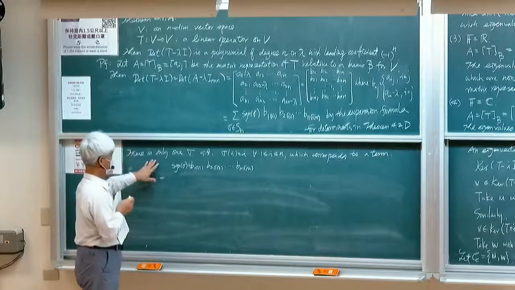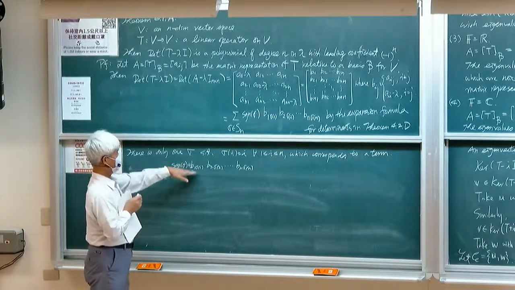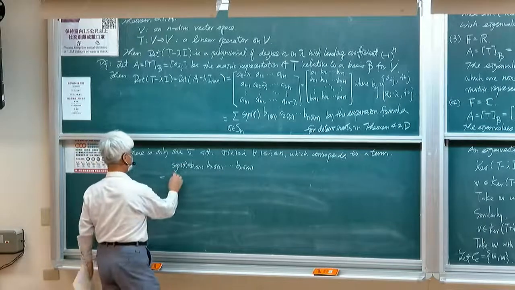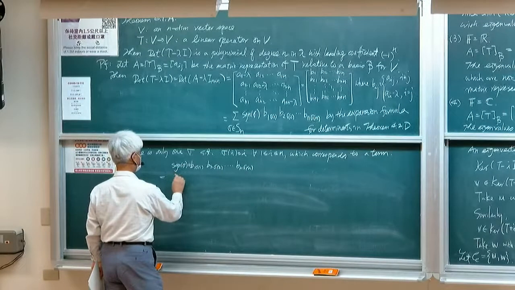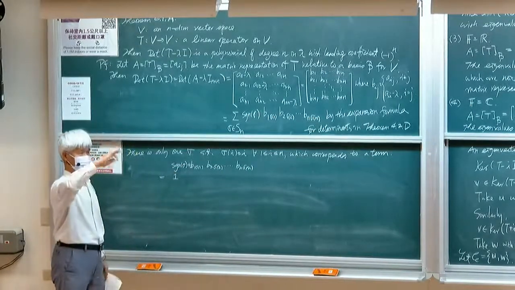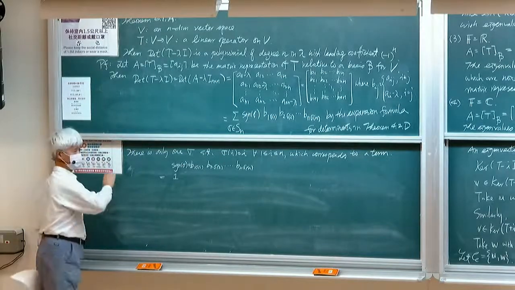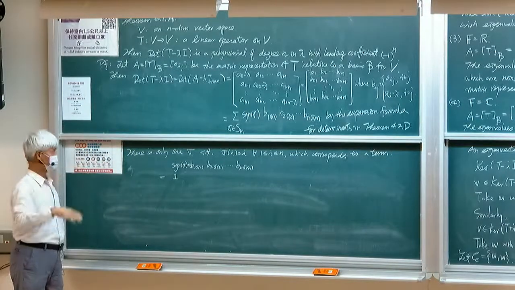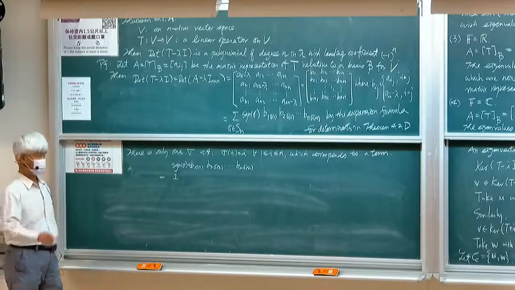Because that is 1, 1, 1, the sign is 1, because this corresponds to the identity matrix. So the determinant of the identity matrix is 1.